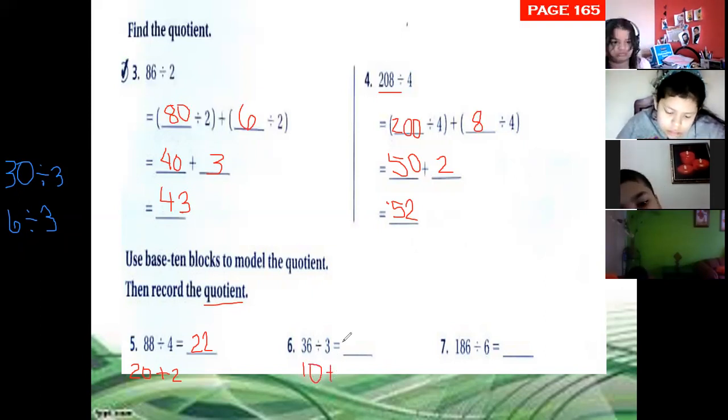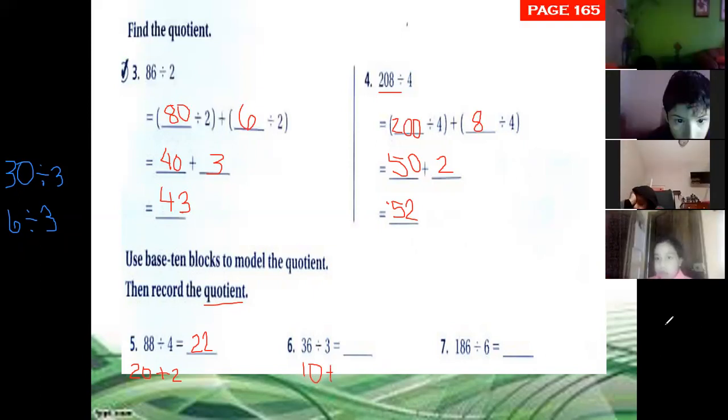Plus 6 divided by 3, which is 2. 10 plus 2 is 12. 36 divided by 3 equals 12.